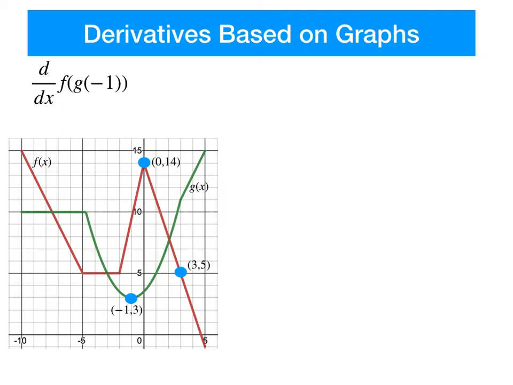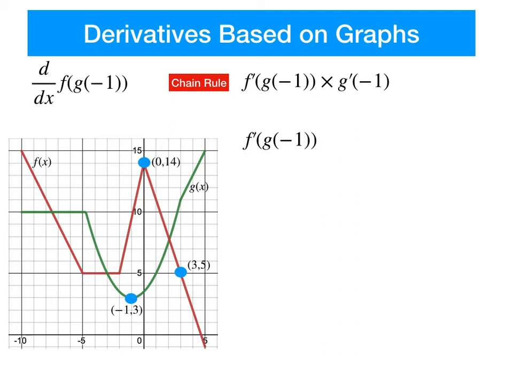How about, what is the derivative of f of g of negative 1? This is a composite function, so we know that we need to use the chain rule to find the derivative. Putting the chain rule formula into this problem, we get f prime of g of negative 1 multiplied by g prime of negative 1. The derivative of the outer function multiplied by the derivative of the inner function.